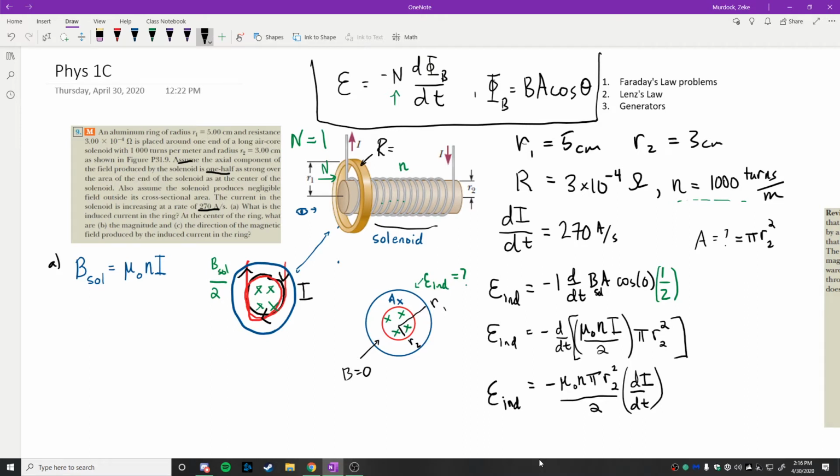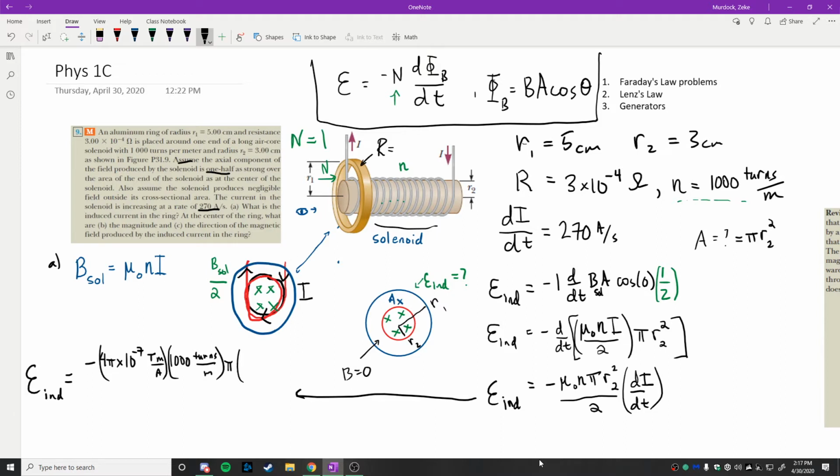Do you guys have any questions before we plug things in here? Let's go over this way. So mu naught is 4 pi times 10 to the negative 7 Tesla meter divided by amp. Multiplying that times n, which is 1,000, times pi, R2 squared.